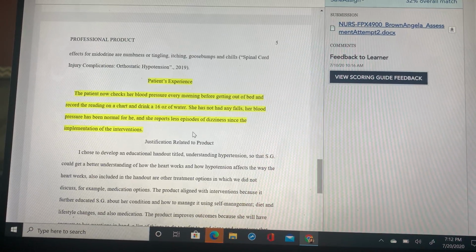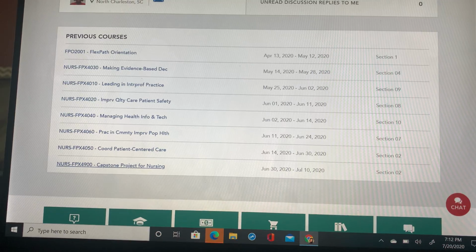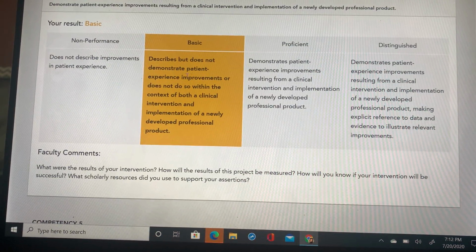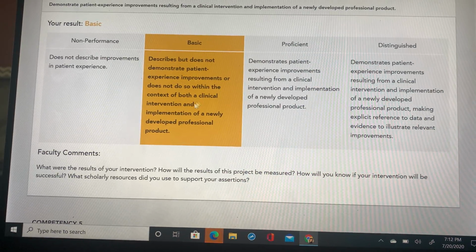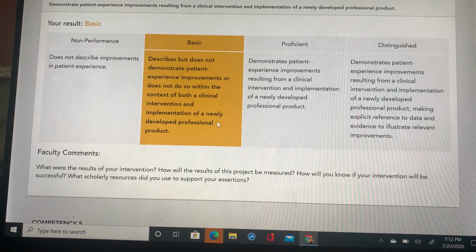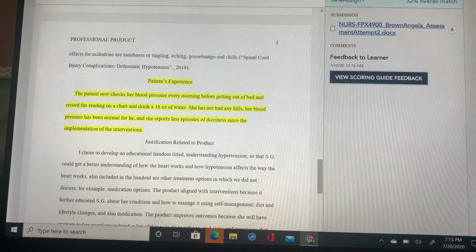So somewhere in here. So describes but does not demonstrate patient experience improvement. Since the implementation of a newly developed professional product. So that is how she improves.